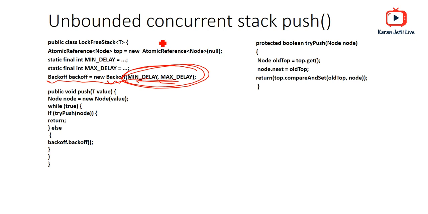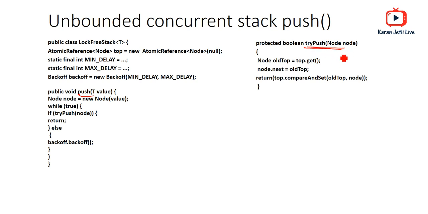Now guys, let us do the push operation. When we talk about lock free stack, the push operation uses another Boolean operation called try push. So what is try push?